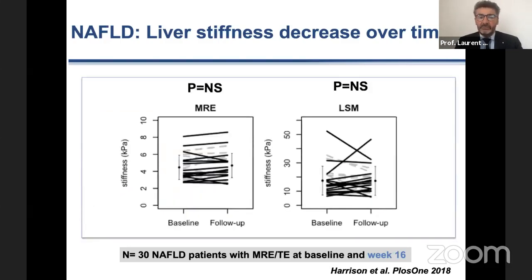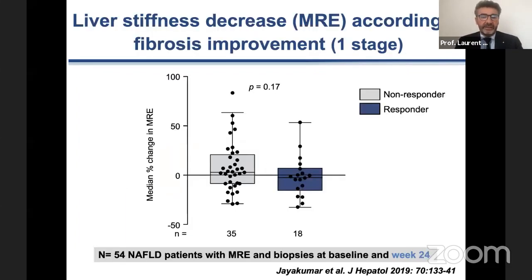Between baseline and follow-up, a short follow-up at week 16, you can see no difference. This is another study, the Gilead study from Rohit Loomba. Again, small sample, 44 NAFLD patients using MR elastography. And you can see between the responders and non-responders, there was no significant difference in terms of liver stiffness.